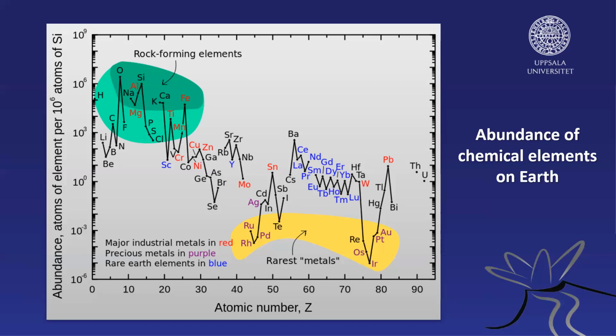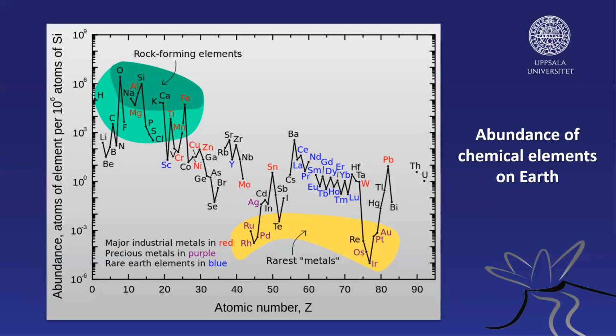But if you look at other elements we use in our economy, even abundantly, like chromium or nickel, copper, you see, they are already less abundant than these elements by a factor of about 10,000 to 100,000. So they are not that abundant, in fact.